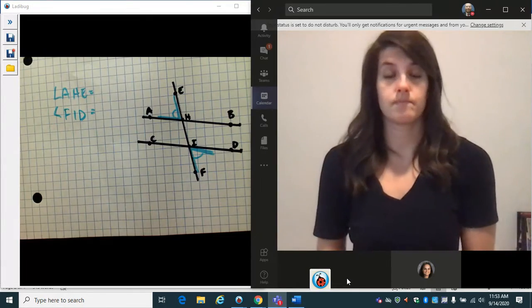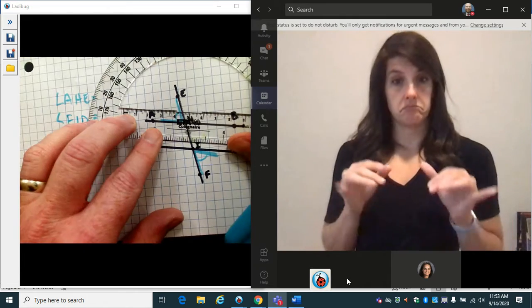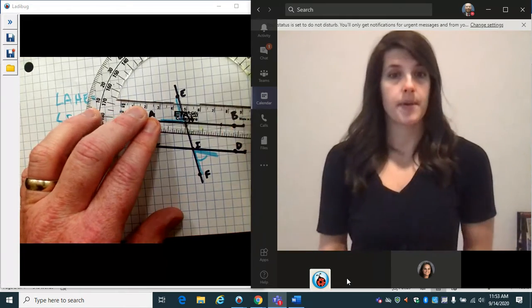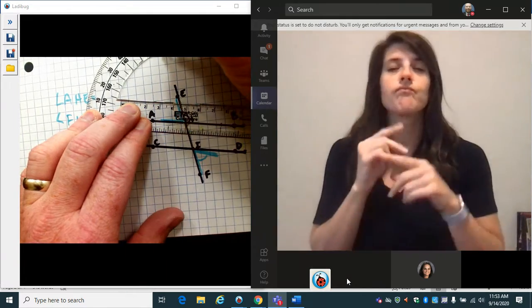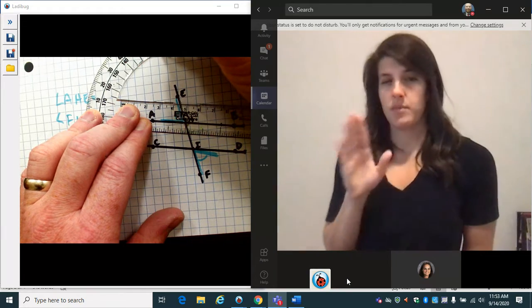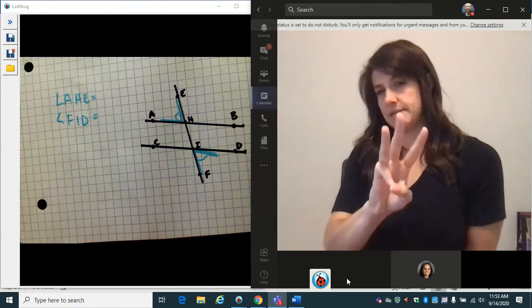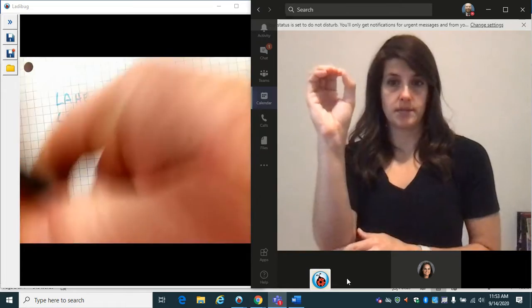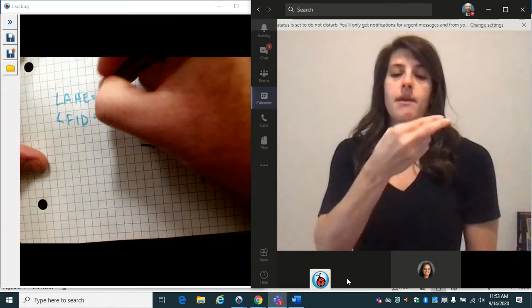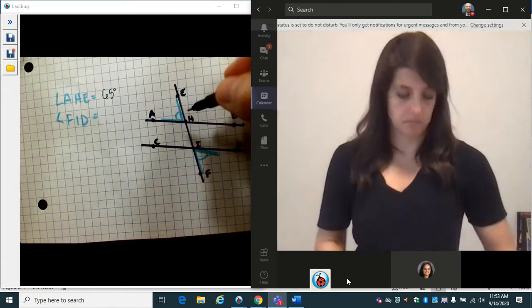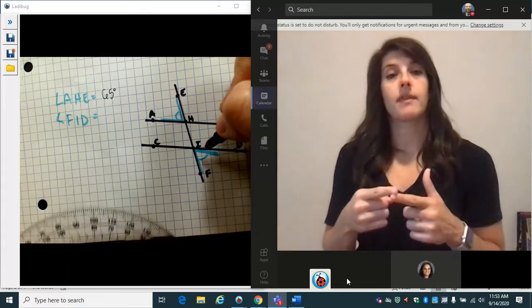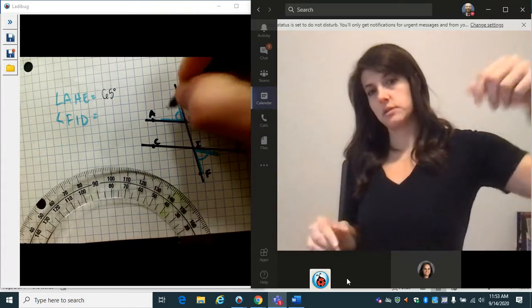So if I had a protractor, which I do, I could check the measurement of these two angles, which would fall about 65 degrees for angle AHE. When I take my protractor to FID, it should have the same measurement.